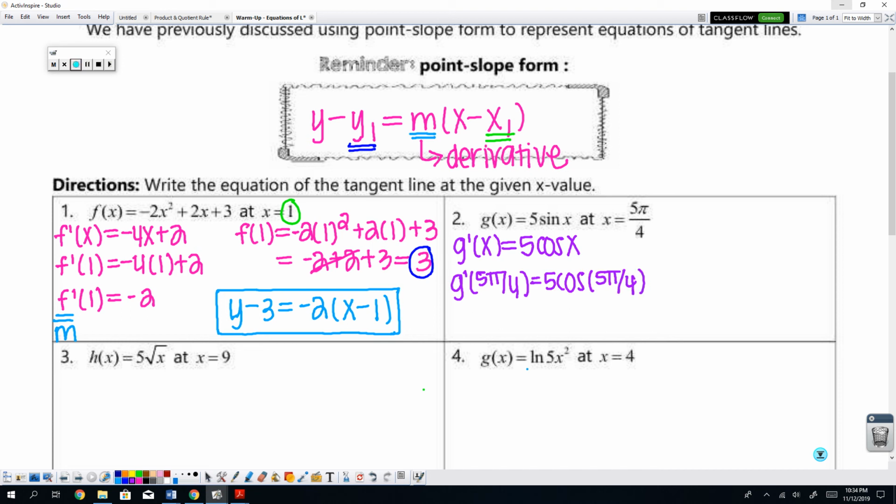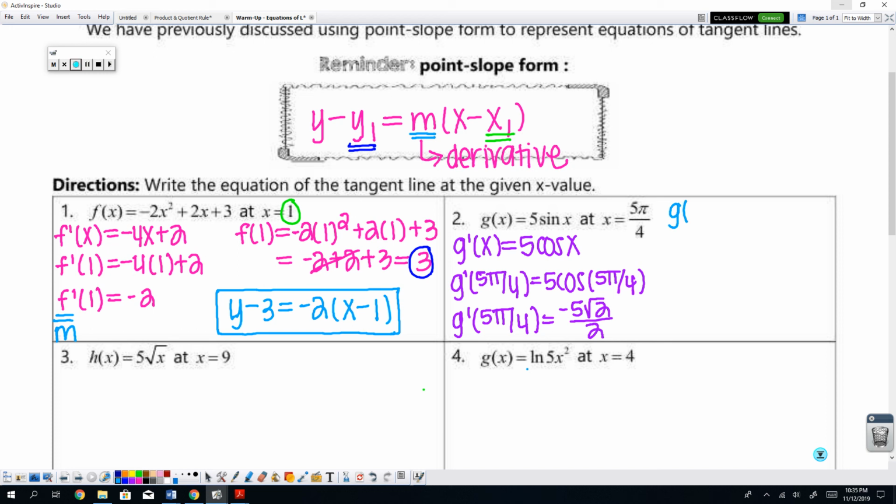And I'm hoping that you remember that it is g prime of 5 pi over 4. So the cosine of 5 pi over 4 is negative root 2 over 2. And we have 5 in front of it, so it should be negative 5 root 2 over 2. That is our derivative. Now, is it a nice looking number? Well, no, it's not, but we can still deal with that. And then we need to find our y value.